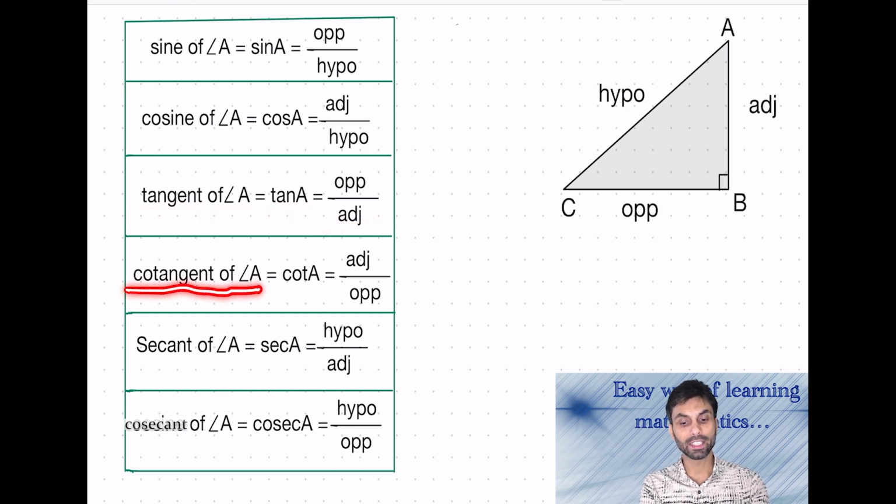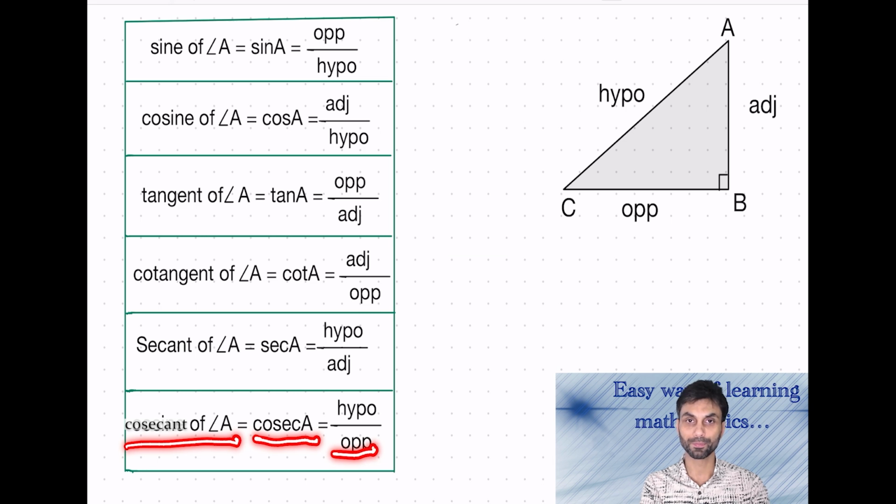Then we have cotangent of an angle A, which is written as cot A, and it is adjacent upon opposite. Then we have secant of an angle A, which is written as sec A, and it is hypotenuse upon adjacent. Next we have cosecant of an angle A, which is written as cosec A, and it is hypotenuse upon opposite. So these are the 6 trigonometric ratios and their corresponding formulae, which we'll be using to find trigonometric ratios.